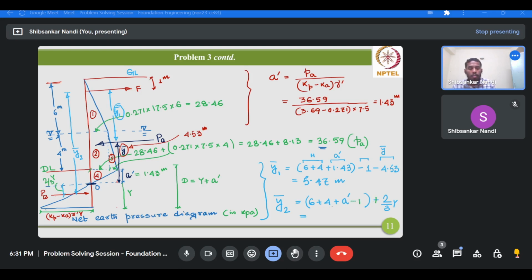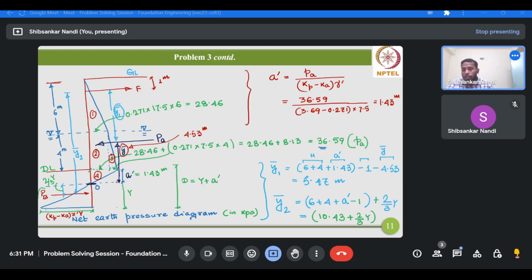So that means 6 plus 4 is 10, minus 1 is 9, plus 1.43, that is 10.43, plus 2/3 of y. So this is the lever arm for force PB.